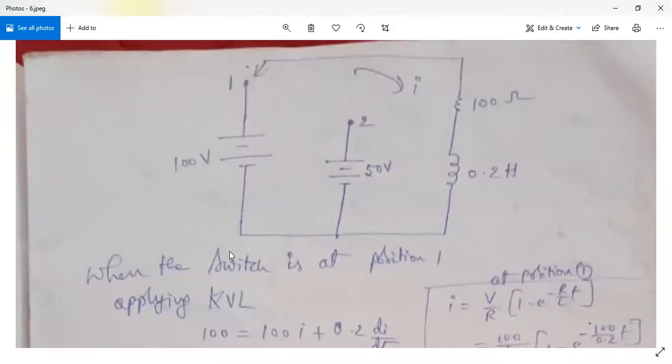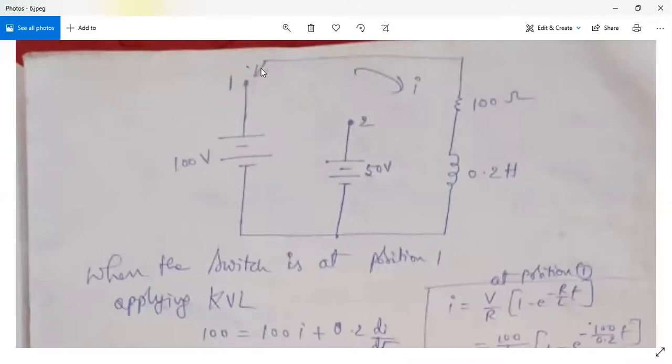So in the problem he is saying there are two switches, they're not two switches, two positions, position 1 and position 2. See here, this is position 1, this is position 2.